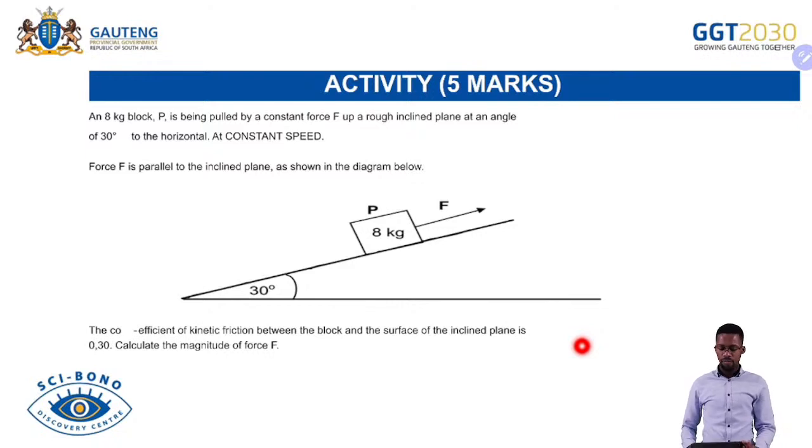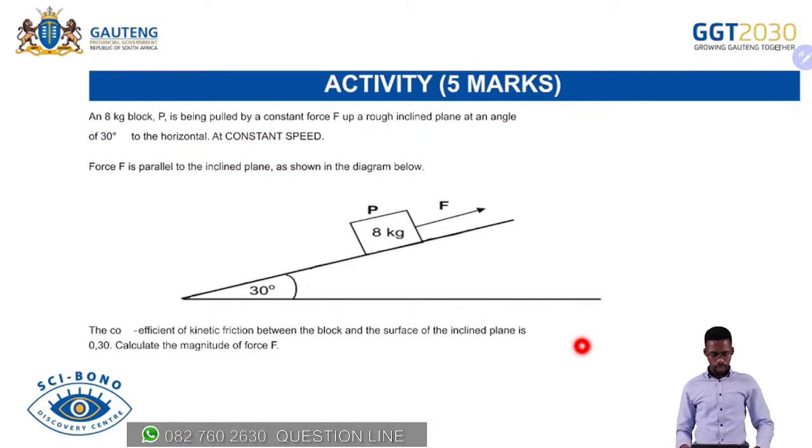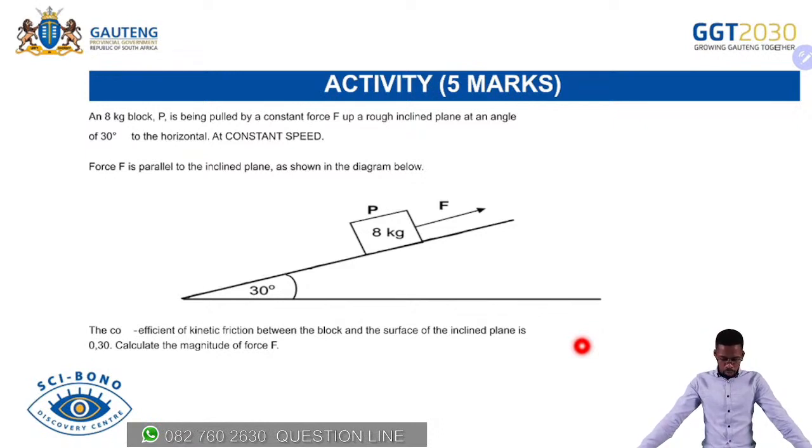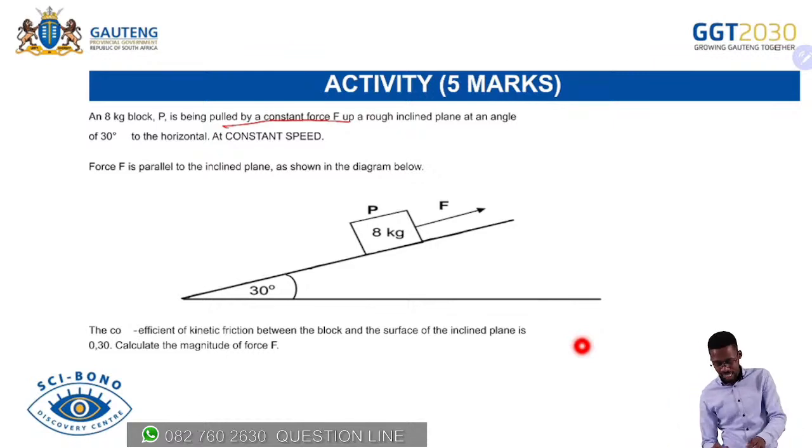So here we are having a scenario again. Let's look at this scenario. It says an 8 kg block P is pulled by a constant force up a rough inclined plane at an angle of 30 degrees to the horizontal at constant speed.